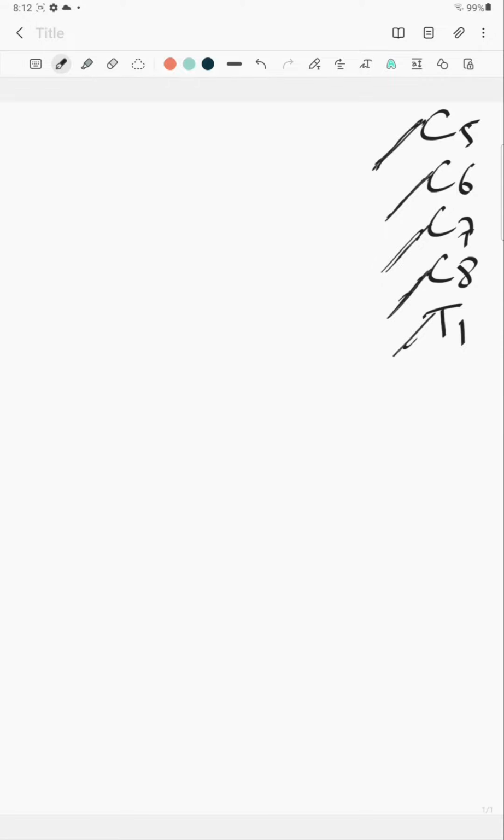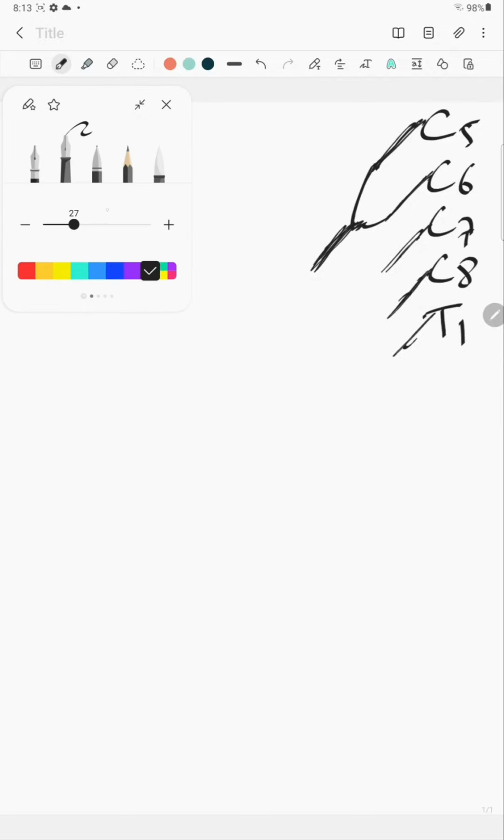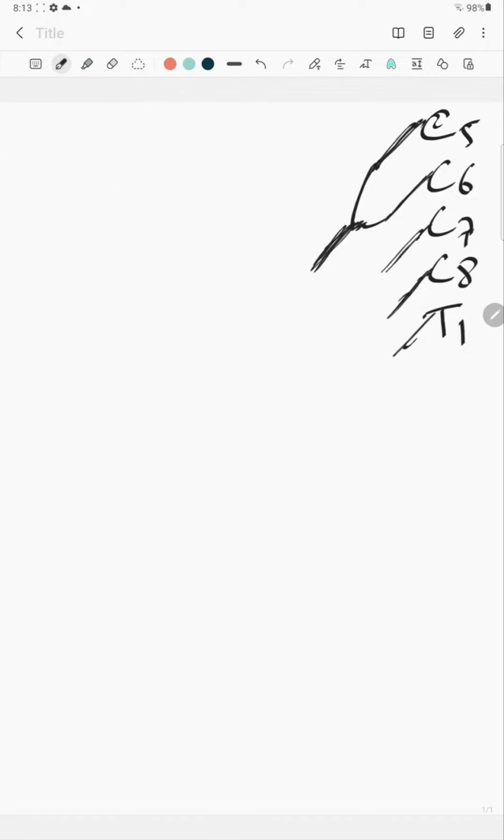Now we'll see how the trunks are formed. So C5 and C6 root, they unite and they form upper trunk of brachial plexus. Okay, so now what happens?